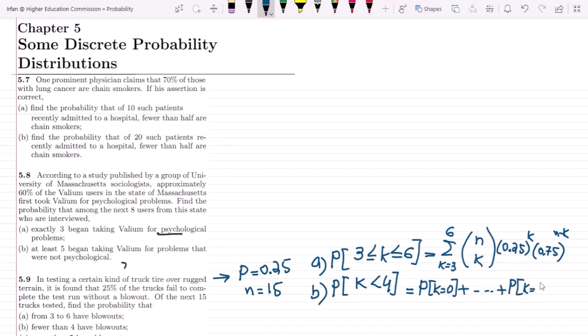Okay, you have to find them all, and the answer will be the solution of part B. And you can also write it as the sum from k equal to 0 up to 3, n choose k, probability p to the k, and 1 minus p probability to the n minus k. Okay, so this would be the solution of part B of question 5.9.